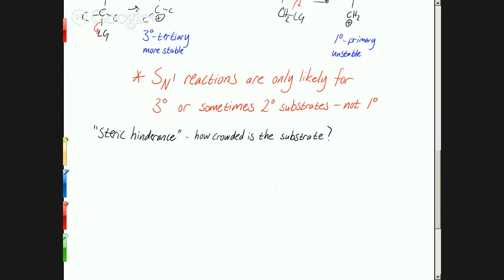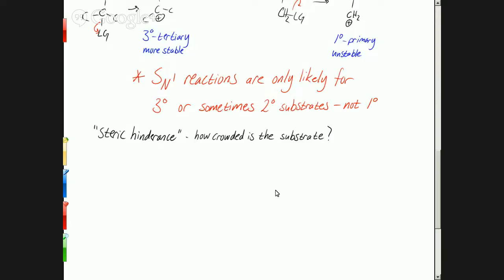How crowded is the substrate? I think we used that word steric hindrance when we talked about cyclohexanes. That big stuff in axial positions was sterically hindered, so that wouldn't occur, right? So it's the same idea, that a big bulky substrate with a big bulky nucleophile is going to be really hard to do an SN2 reaction.